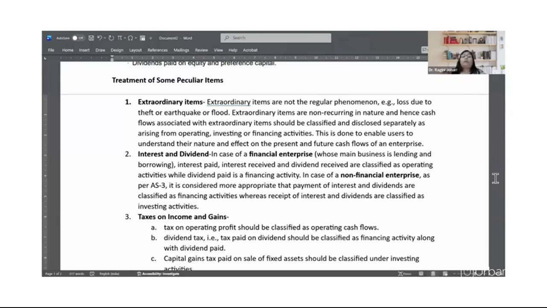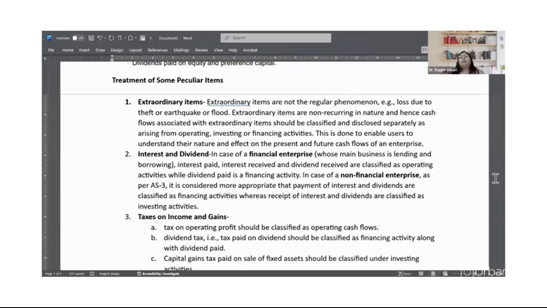Then second is interest and dividend. We have already talked about interest and dividend. Interest and dividend received by the company is a source of cash inflow under investing activity. Interest and dividend paid by the company is a form of cash outflow from financing activity. Now, this is from the perspective of the company.